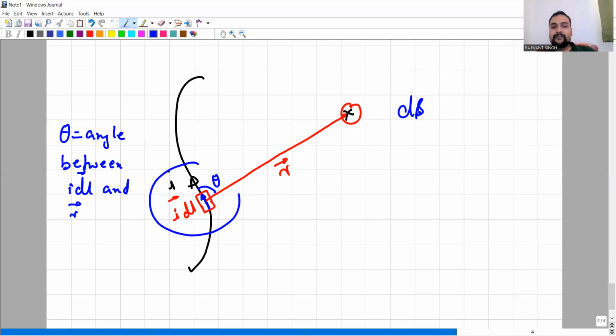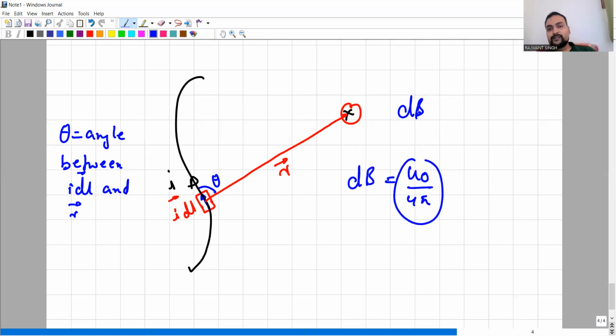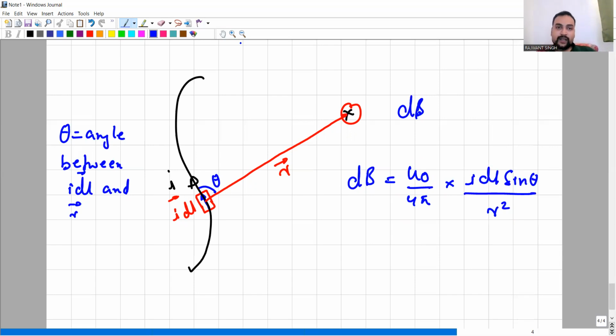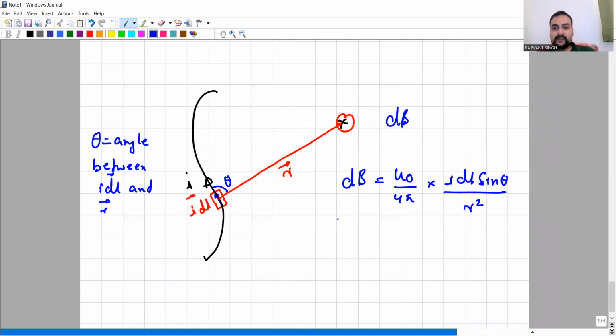So dB is equal to mu naught by 4 pi, Idl sine theta by r square. We'll discuss it, don't panic. So this is my Biot-Savart law, the whole formula. Let us break down this formula and understand it.